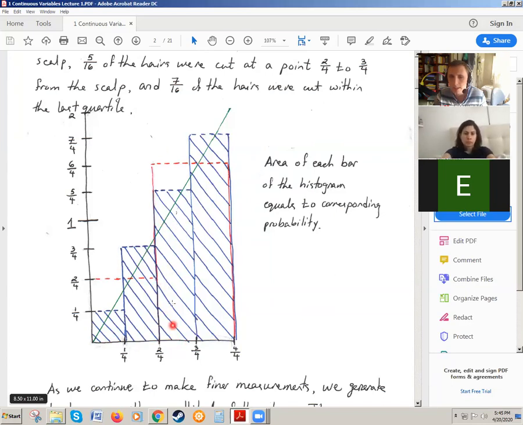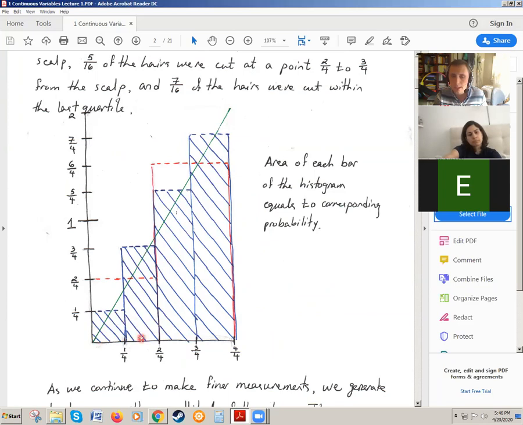Then you can see that the rectangles are just getting thinner and thinner, and you get twice as many of them. Each time, the x-axis slices get half the thickness, and you have twice as many of them building the full histogram. Notice that at each step, the combined area of the bars adds up to 1 because the hair had to be cut somewhere.